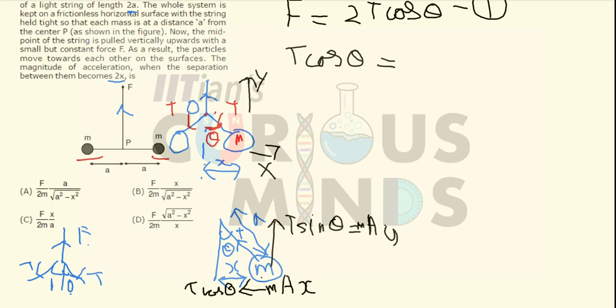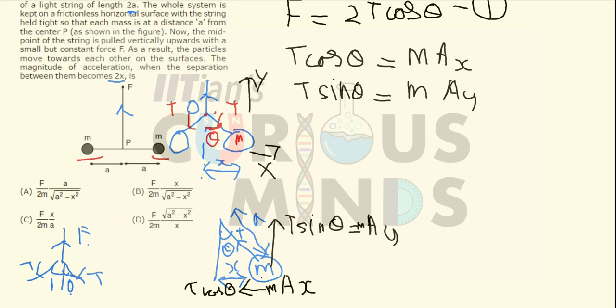So I want to calculate the total acceleration, so I have to square and add. T cos theta is equal to m ax and T sin theta is equal to m ay.